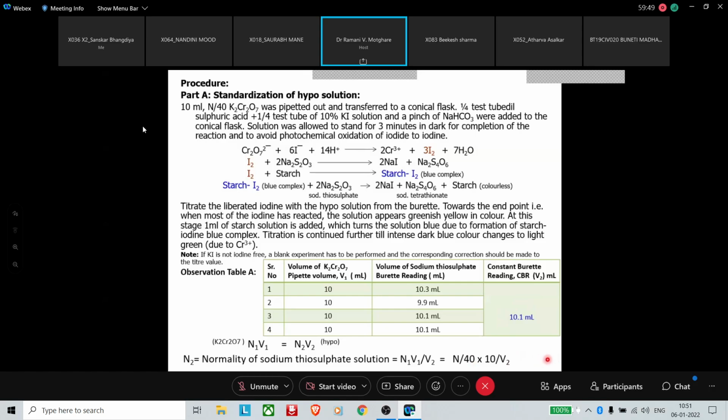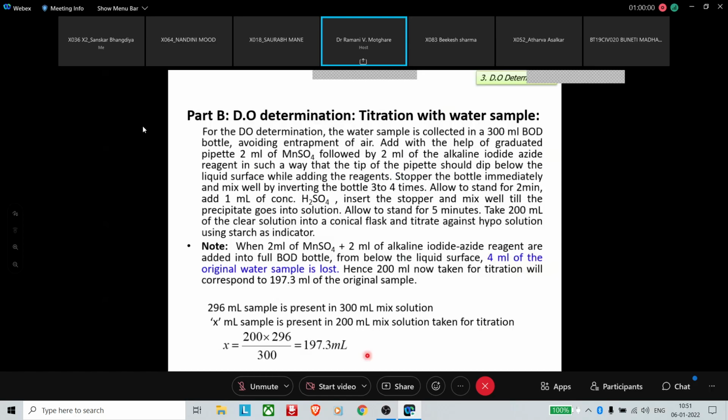Okay, so your file should contain this. Write these things properly because this is N1V1 which corresponds to dichromate, N2V2 to sodium thiosulfate. Okay, then determination of dissolved oxygen, titration with water sample. For DO determination, water sample is collected in 300 ml BOD bottle, avoiding entrapment of air.